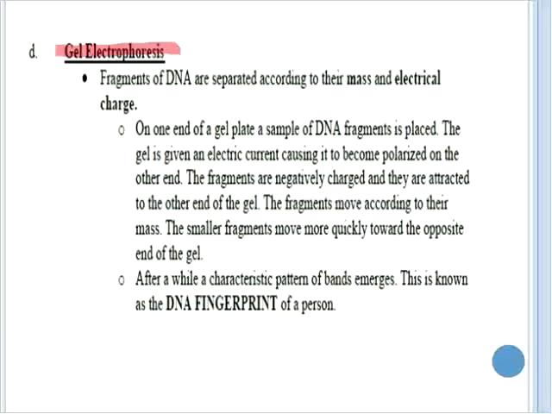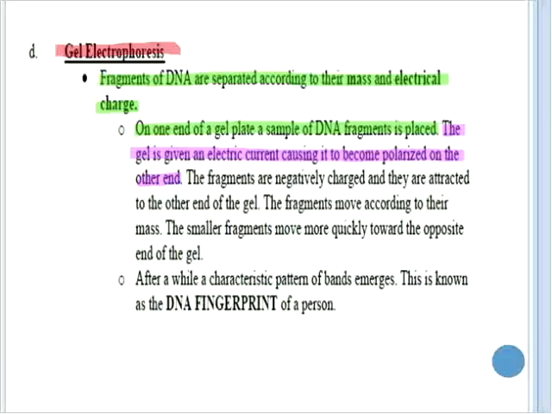Gel electrophoresis is a means by which DNA can be typed and sequenced. Here, using gel electrophoresis, fragments of DNA are separated according to their mass and electrical charge. On one end of the gel plate, a sample of DNA fragments is placed. The gel is then given an electrical current, causing it to become polarized on the other end.